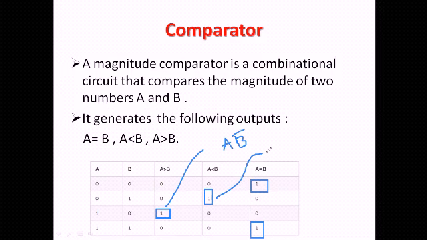What will this one be? It will be A bar and B. Why? Because this is 1 when A is equal to 0, that is A bar, and B is equal to 1, that is B. So the expression of B greater than A will be equal to A bar B.